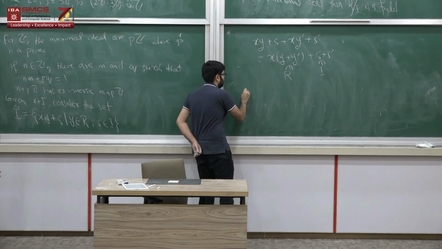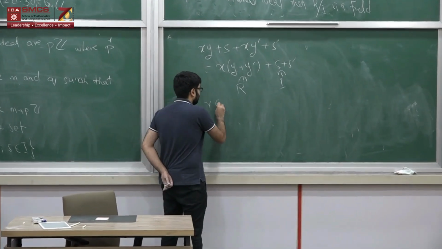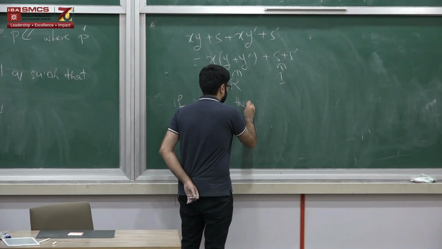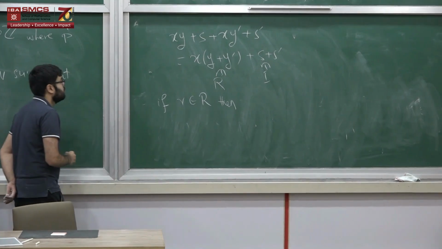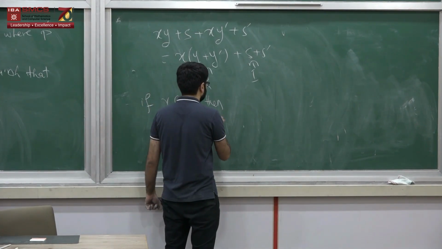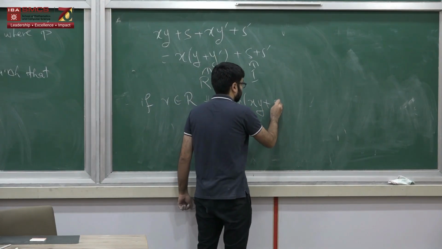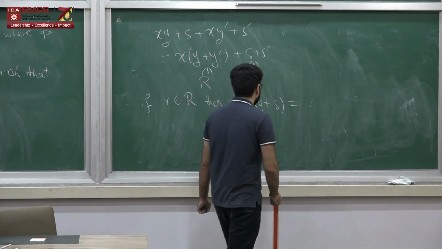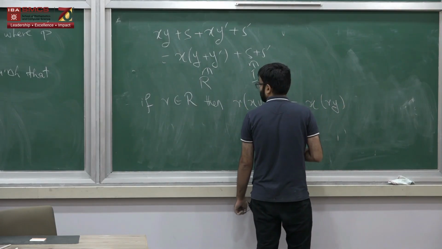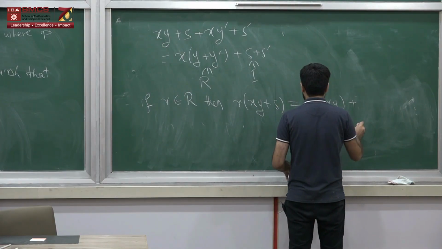Similarly, if there is an element r of the ring, then r times x y plus s is x times r y plus r times s.